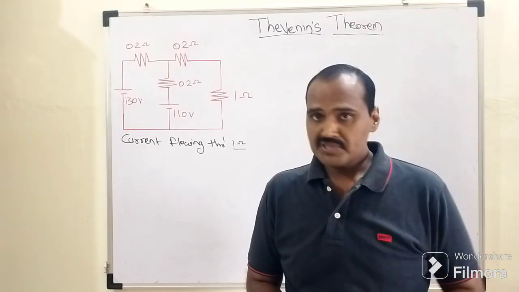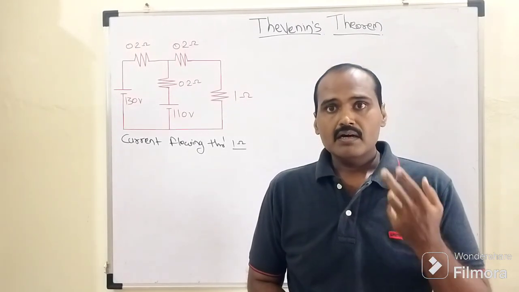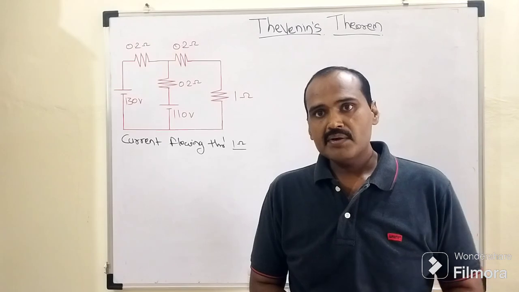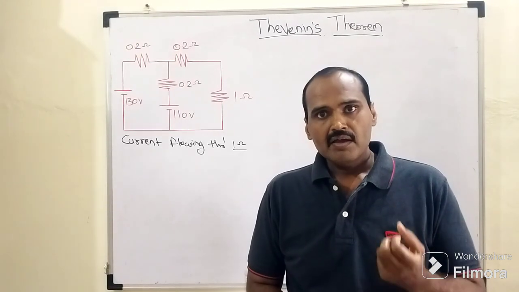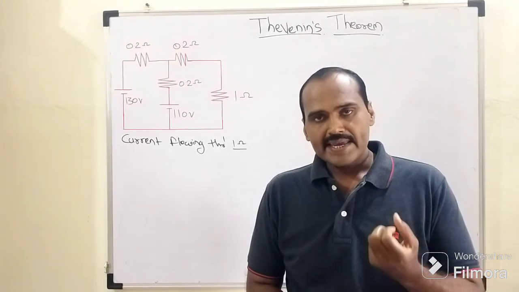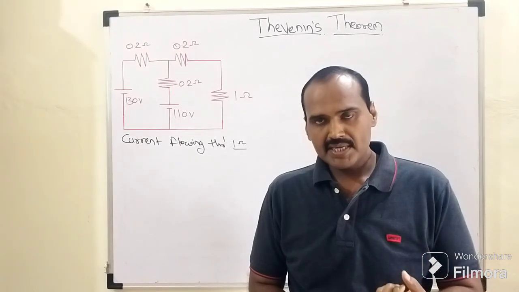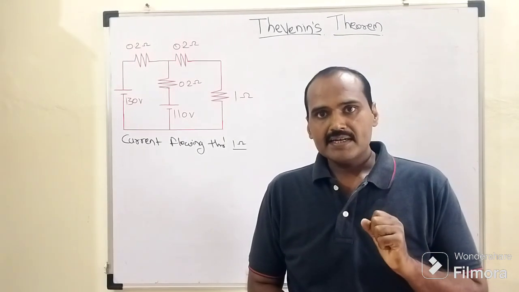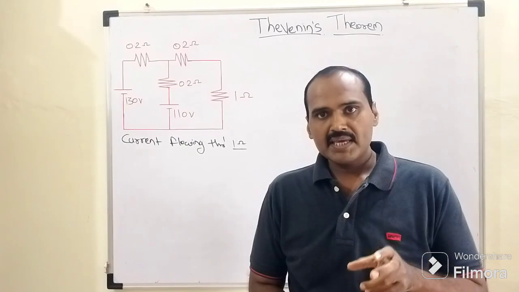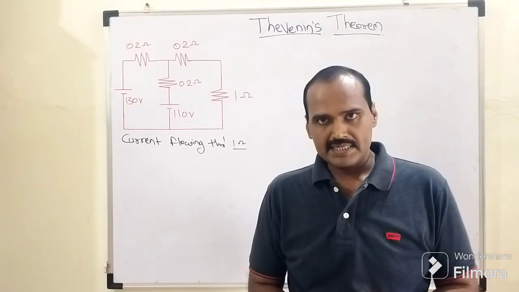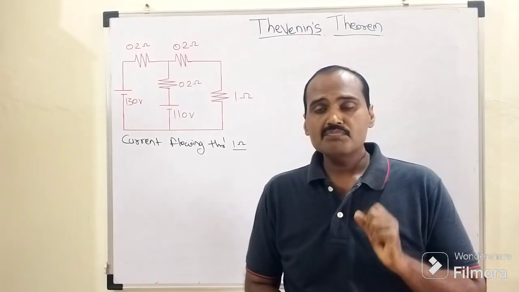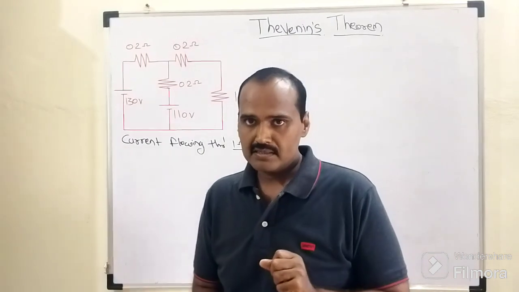The objective is very simple. By using this Thevenin Theorem strategy, we can analyze any kind of complex AC or DC circuit. Means that complicated AC or DC circuit is being converted into one Thevenin equivalent circuit. That is the objective behind this Thevenin theorem.